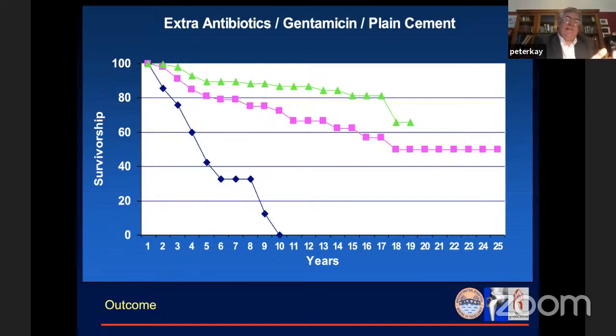This obviously is a later series, because gentamicin was only available later. And having gentamicin did improve survivorship significantly. And then the green line is gentamicin plus additional antibiotics. So over the years, despite the fact that bacterial resistance has increased, we've been able to keep ahead of the game and improve our survivorship by adding different additional antibiotics.